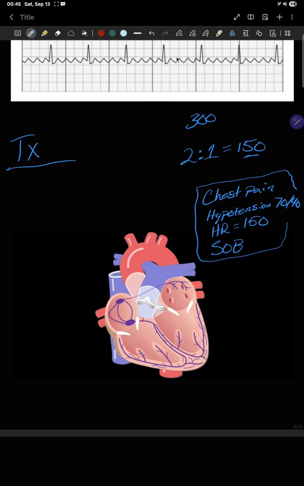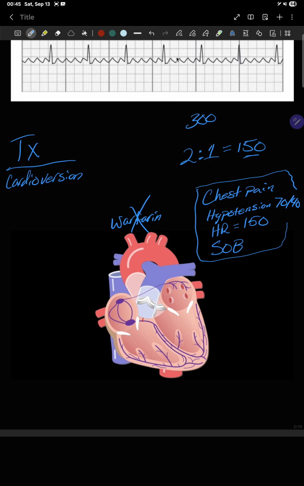So we need to start looking at an electrical cardioversion. Here's the problem: if I do a cardioversion on this patient, and this is new onset, no history of it, the patient is not on any type of blood thinner, right? He doesn't take that at home. We ask him, hey, do you have a history of this? No. Do you take any blood thinners?